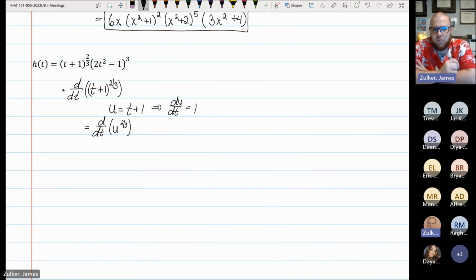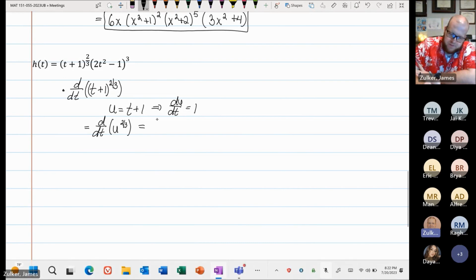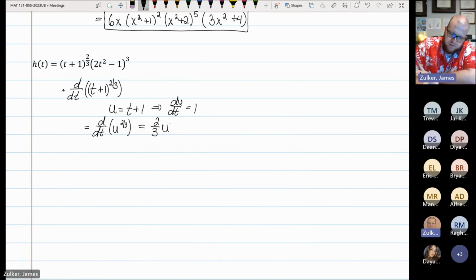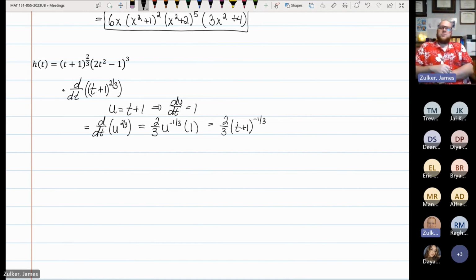Du dt is obviously then just 1. Then the derivative we're looking for is now d dt of u to the 2/3, which is a general power rule. Right, 2/3 u to the minus third times du dt. 2/3 t plus 1 to the negative 1/3.